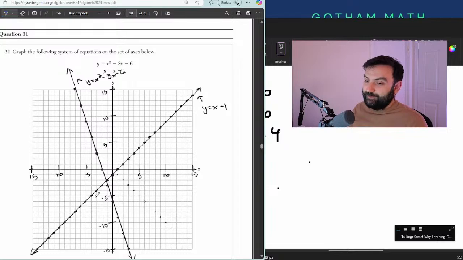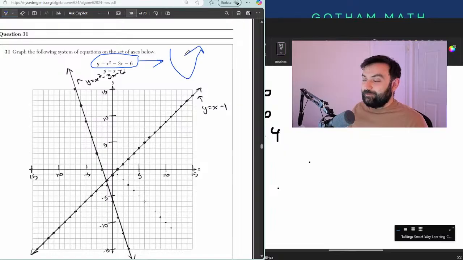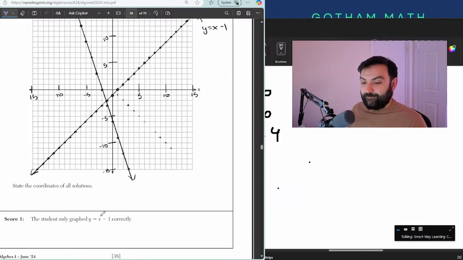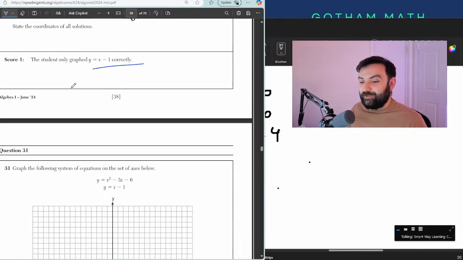That's crazy. So if you look at this and you don't know that it's a parabola, you probably didn't do a really good job in your Algebra 1 class. I mean, still got one for graphing the first one, right? I guess. All right.